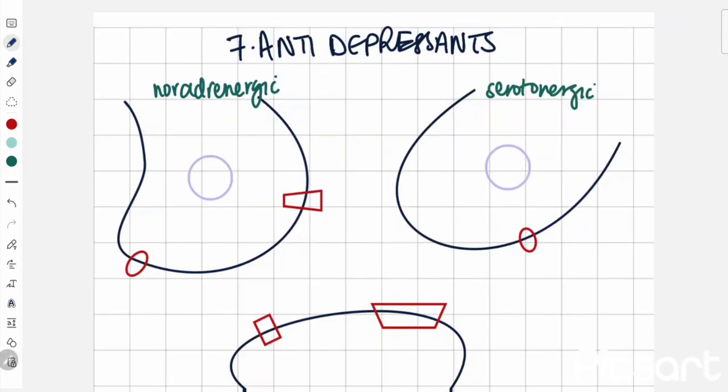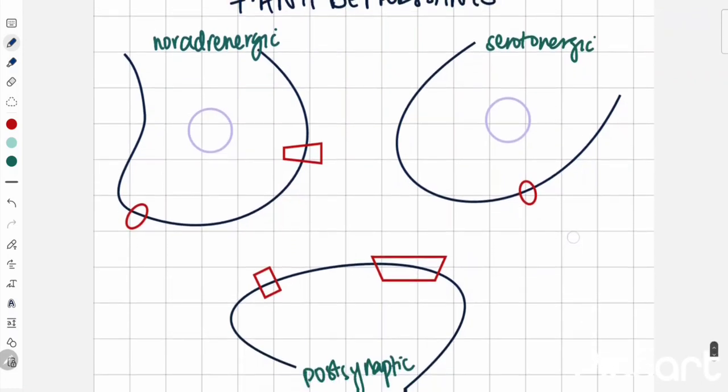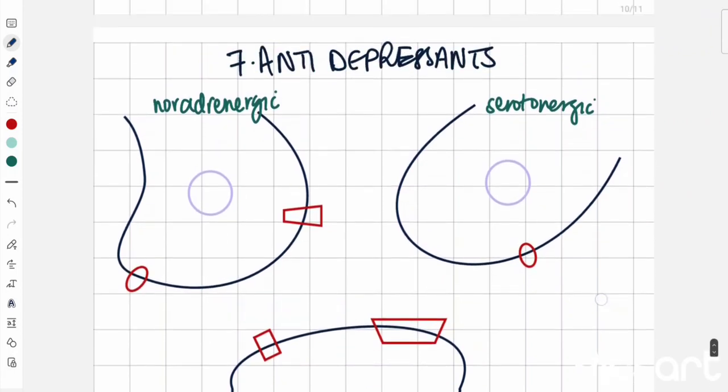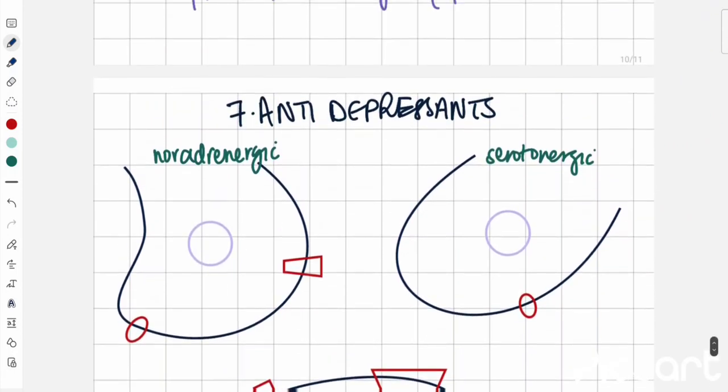Now we do antidepressants. For antidepressants, first we need to know the mechanism of why depression happens. So there is an amine hypothesis for that. That amine hypothesis means that there is a decrease of norepinephrine and decrease of serotonin, and that causes depression.